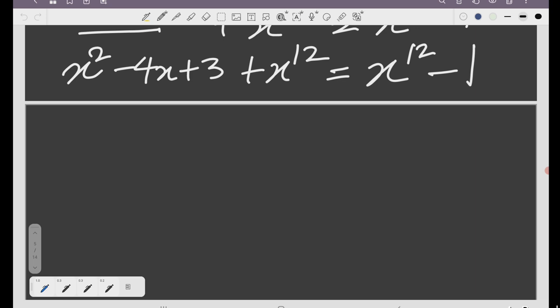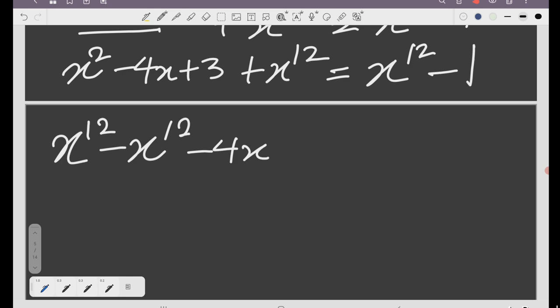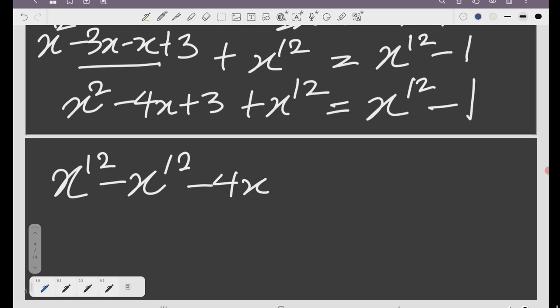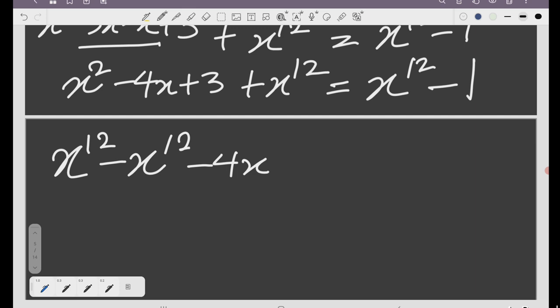So let's try to simplify better. We have x raised to the power 12 minus x raised to the power 12, which cancel, leaving minus 4x plus x squared.